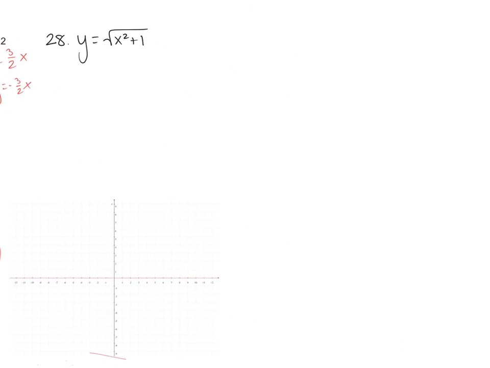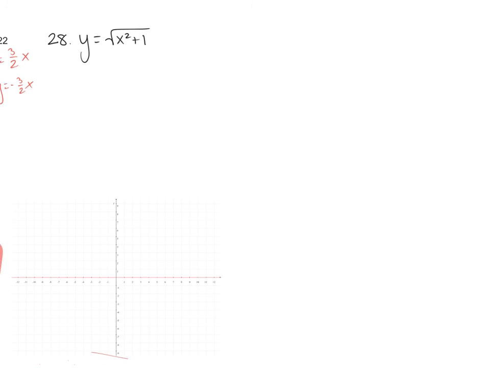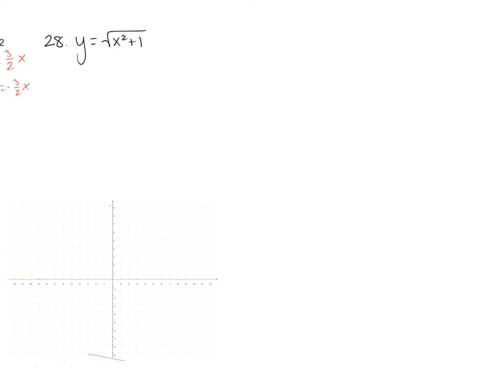For 28, we're given y equals square root of x squared plus 1. Okay, so first instinct, you see that radical. That means we have half of our graph. So we automatically know just by seeing that radical, half of our graph.